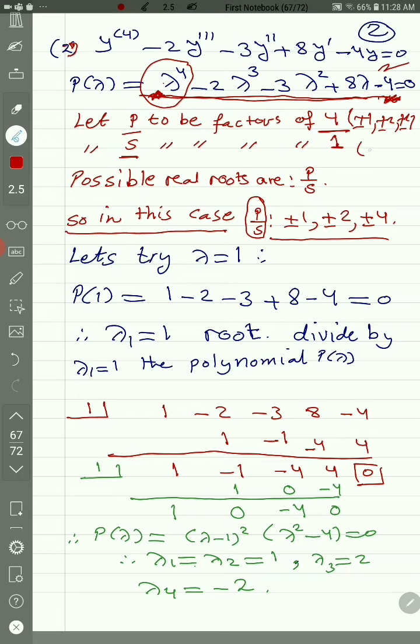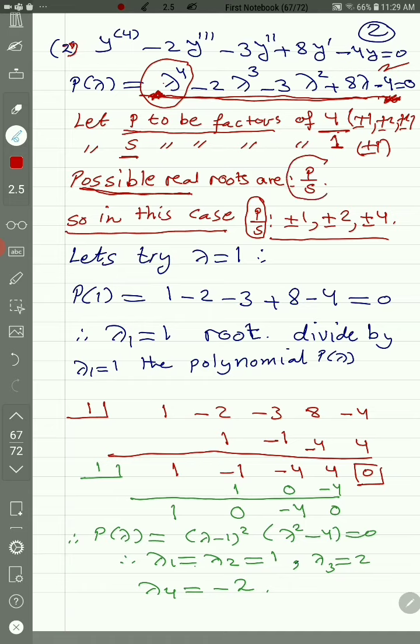And the factors of 1 will be plus minus 1 only. Suppose you have 3, it will be plus minus 1, plus minus 3. So you divide them. So the definition of P is the factors of 4, and the definition of S is the factors of 1. So P over S gives the possible real roots. This is what we need then.